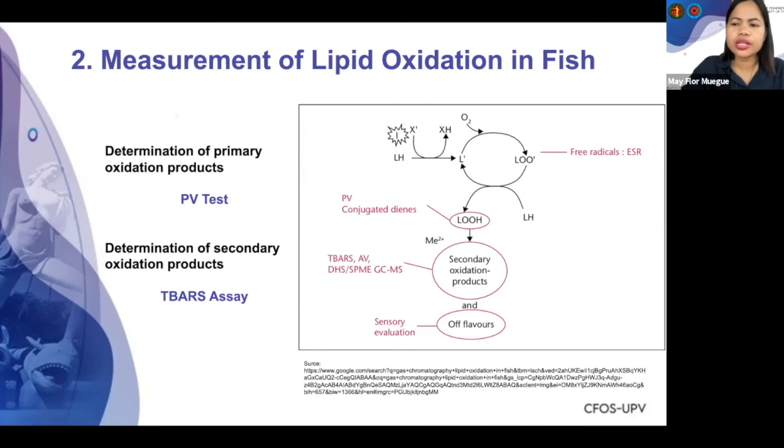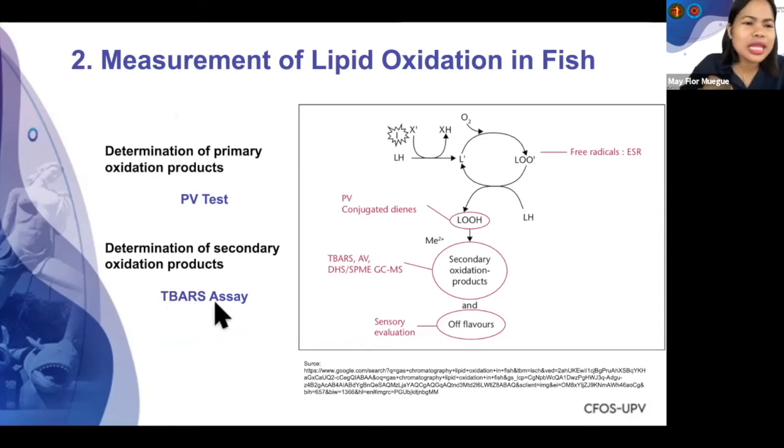So during the early stages of lipid oxidation, we can use PV test or peroxide value test, no, to determine the primary oxidation products. Ayan, dito yon. And then to determine the secondary oxidation products, we use the TBARS assay or the thiobarbituric acid reactive substances assay.